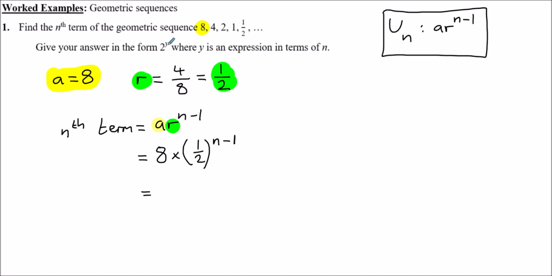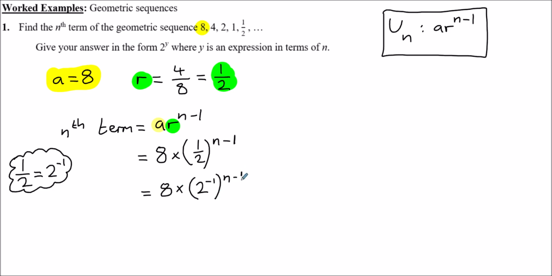But we want it to be in the form 2 to a certain power. So we just need to remember that a half is the same as 2 to the minus 1. So we can replace a half with 2 to the minus 1, all to the power of n minus 1.